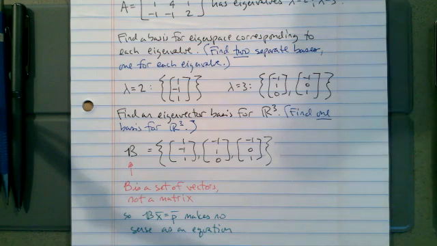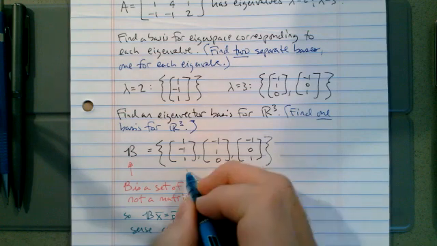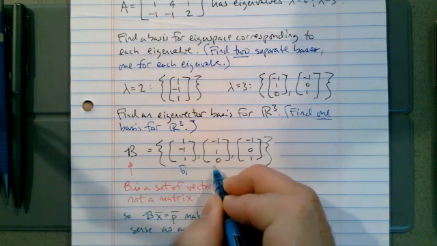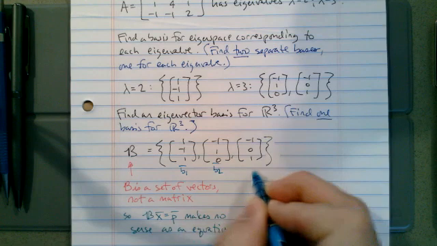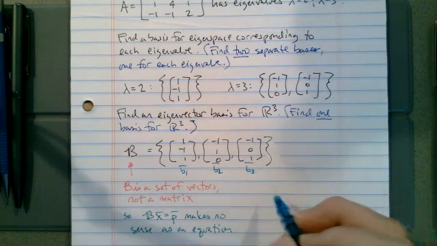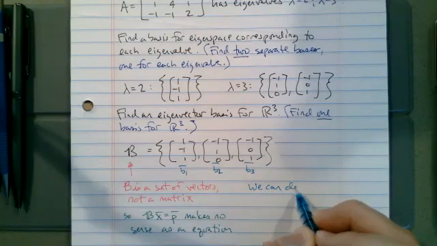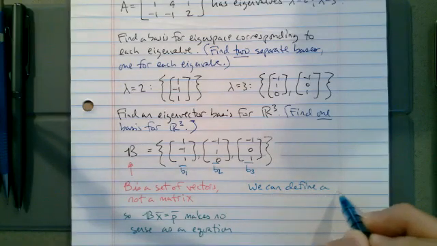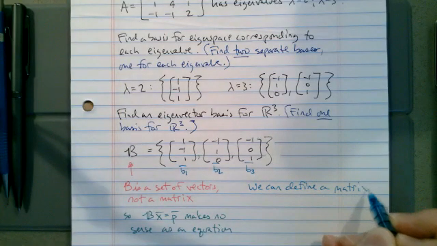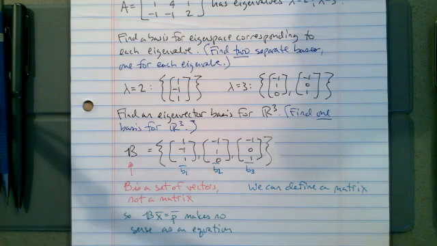If we want, we can define a matrix using these vectors. So if these all have names, B1, B2, and B3, we can define a matrix with these vectors as columns.